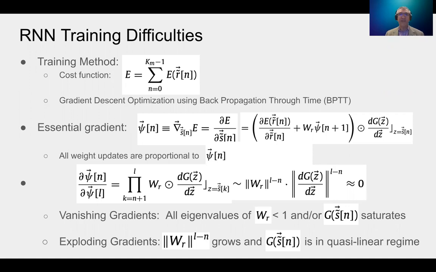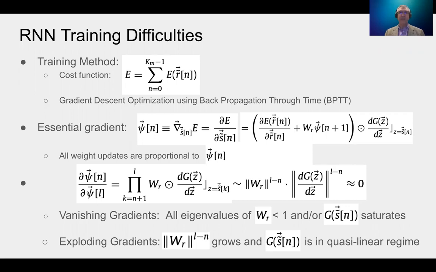This corrective gradient is used to update the parameters of the system, the connection weights. The issue is that the matrix containing the connection weights of the readout signal and the derivative of the warping nonlinearity appear in a multiplicative fashion at every step of the backpropagation.